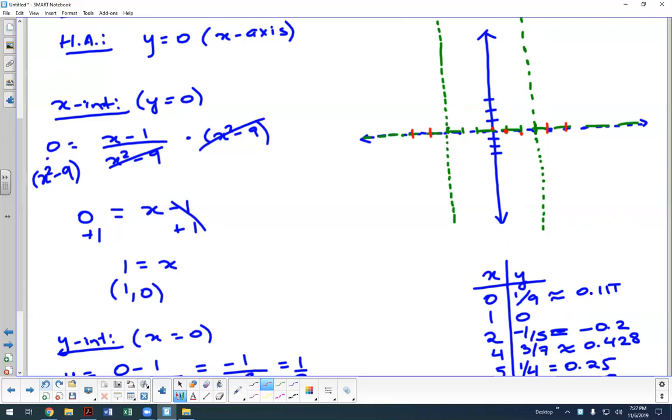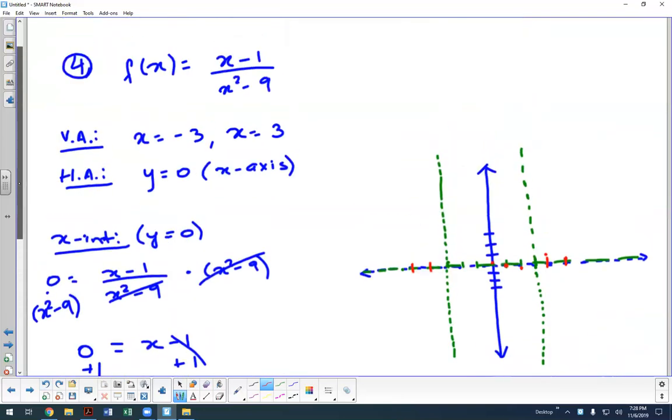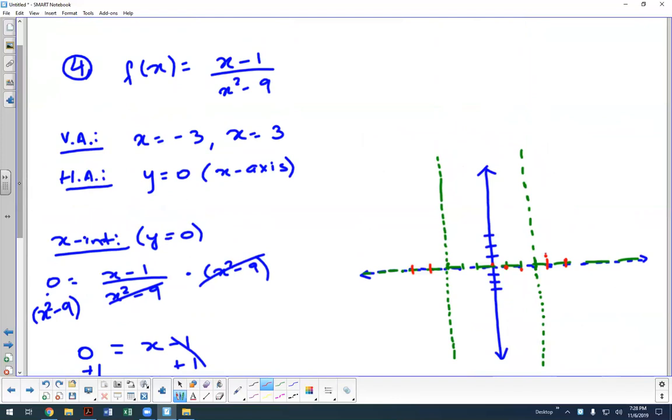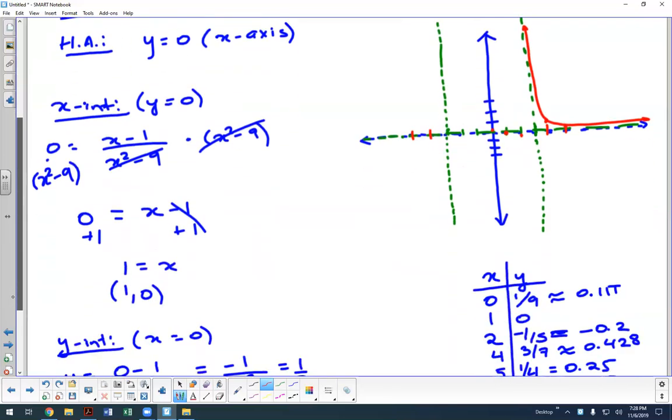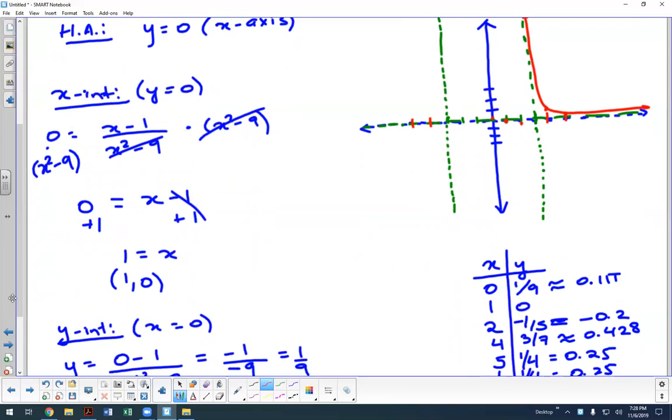These should be on the positive side: positive 1/2, positive 1/4, so this should be going this way. It was the 2 that was at the -0.2. The other ones were on the positive side, so they should be going up, not down.